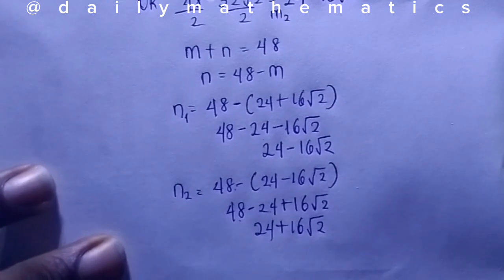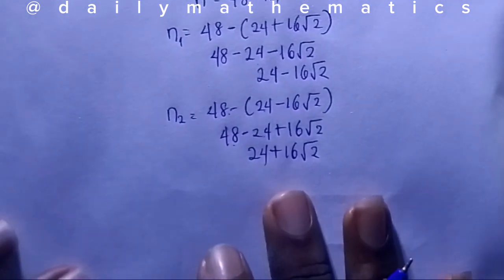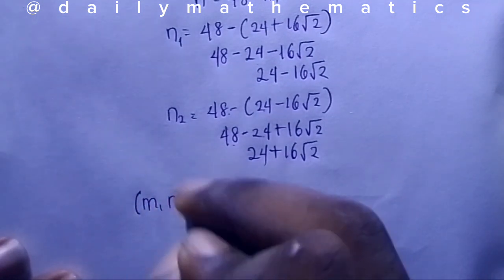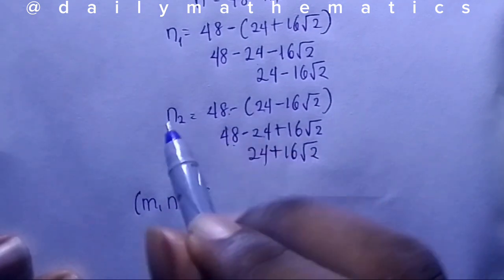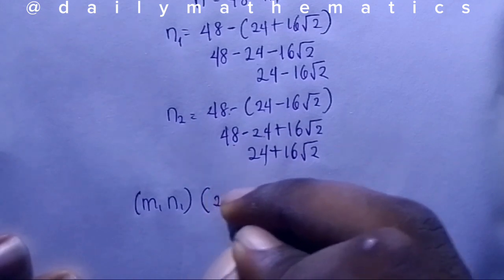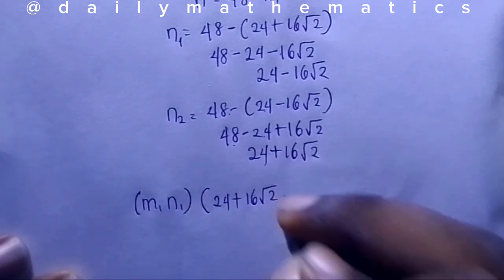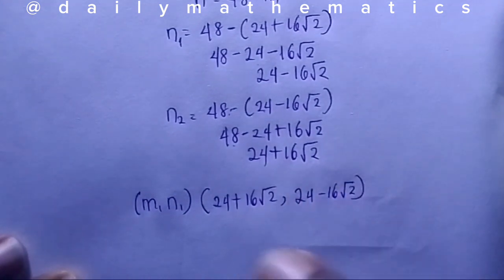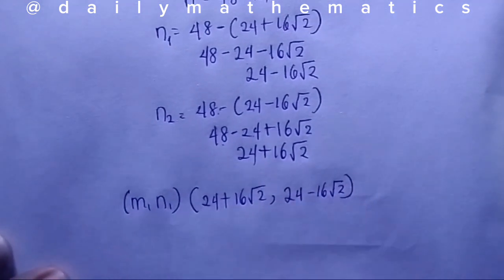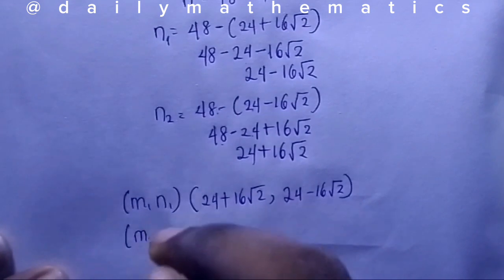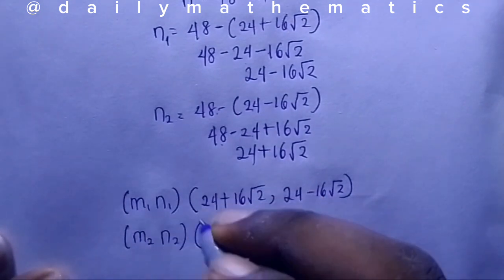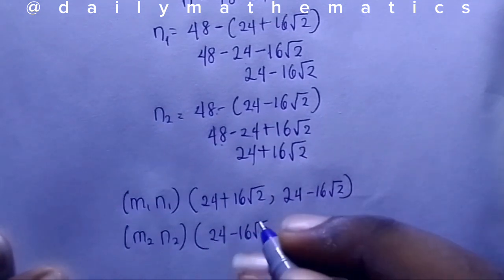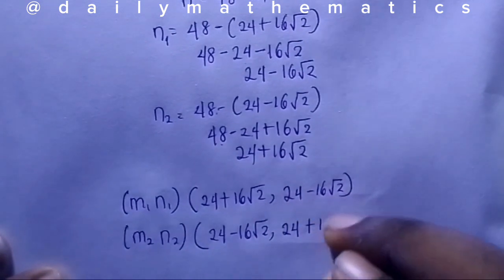So we'll take it like this. The values of m1, n1: m1 was 24 plus 16 root 2, and n1 is 24 minus 16 root 2. m2, n2: m2 was 24 minus 16 root 2, and n2 is 24 plus 16 root 2.